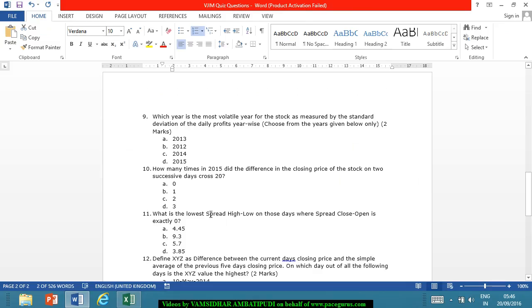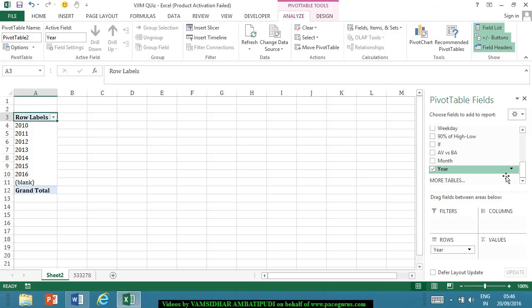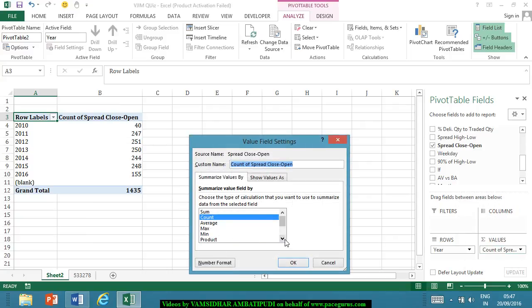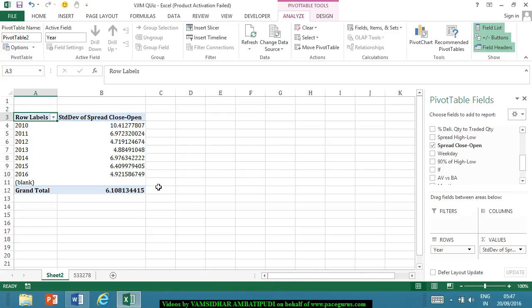What is the question here? Which year is the most volatile year for the stock as measured by the standard deviation of the daily profits year-wise? So I have to drag the daily profits here. The daily profits are nothing but spread close minus open. But I'm not interested in the count, I'm actually interested in the standard deviation of the same. So I could take either this standard deviation or standard deviation P, whatever it is. So this is how the standard deviations are lying.